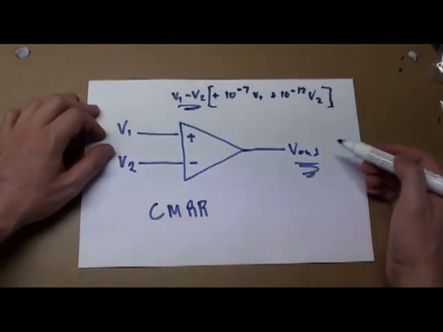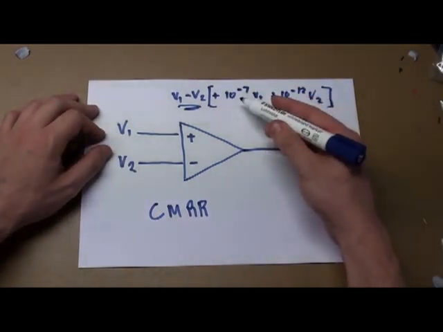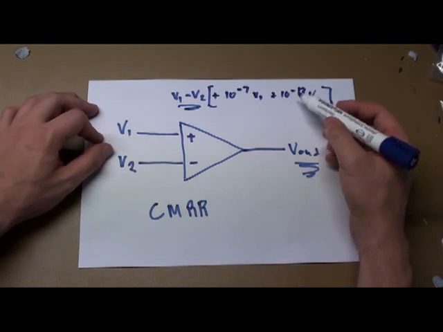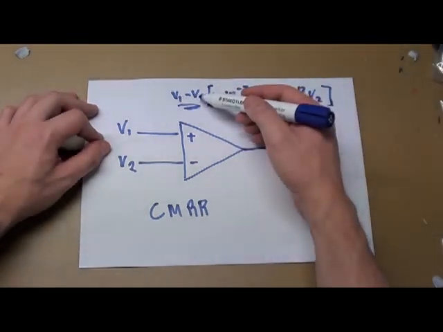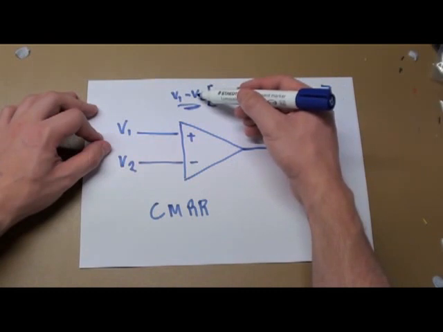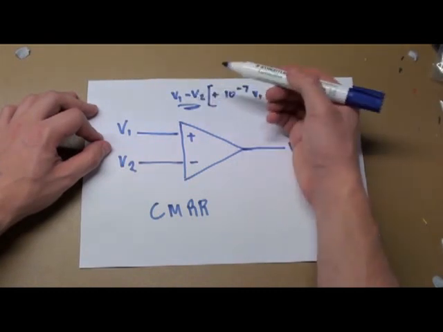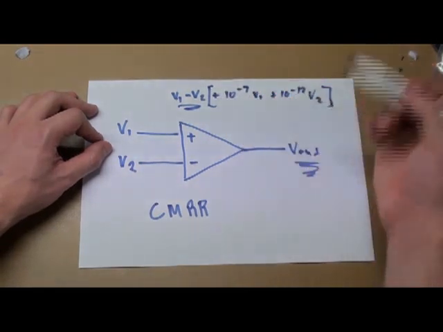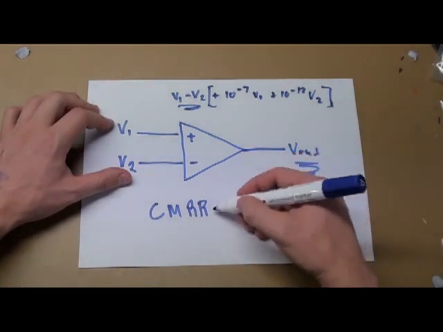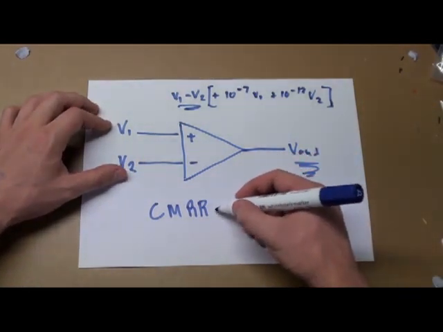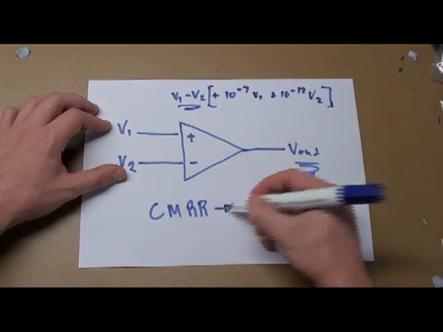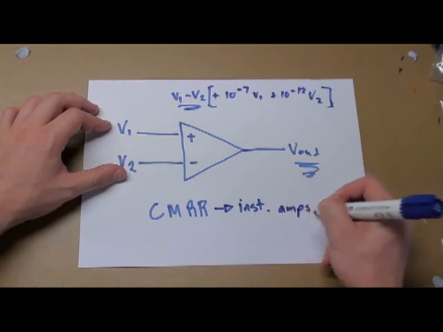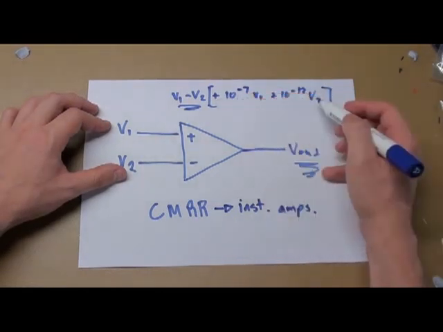That's not necessarily such a bad thing, because 10 to the negative 7 is pretty small, and 10 to the negative 12 is horrendously small. So if V1 is 1 volt and V2 is 5 volts, then we'll get negative 4 volts out, plus this tiny little fraction that we don't have to worry about. If our common mode rejection ratio is high, which it is in instrumentation amps, then we don't really need to worry about this other stuff.